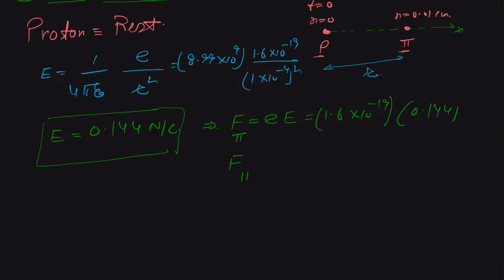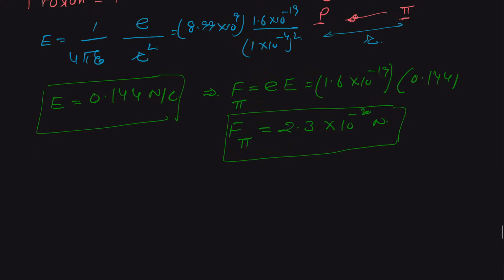So we get the force on this pion because of the proton as 2.3 into 10 to the power minus 20 Newton, and its direction obviously will be attractive. So direction will be towards the proton, so it will be attractive.